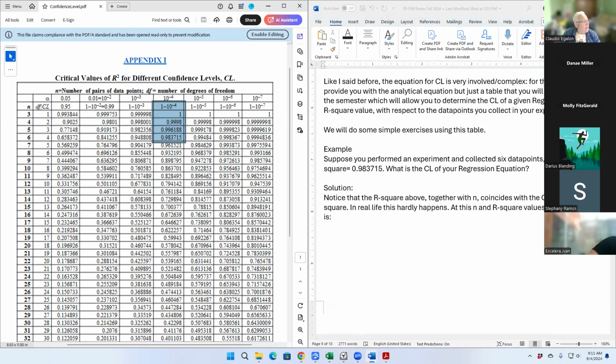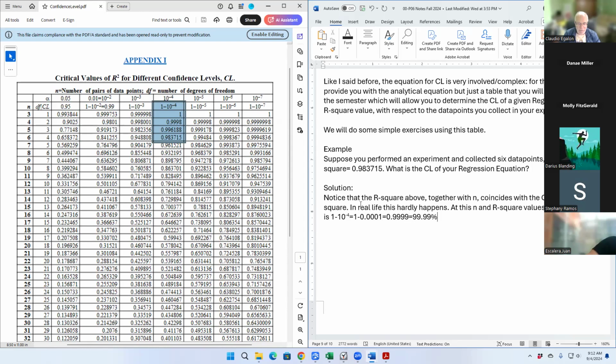Using the table provided, we find that the CL is 1 minus 10 to the minus 4, which is equal to 1 minus 0.0001, right? 1, 2, 3, 4, which by the way is equal to 0.9999, which is equal to 99.99%.